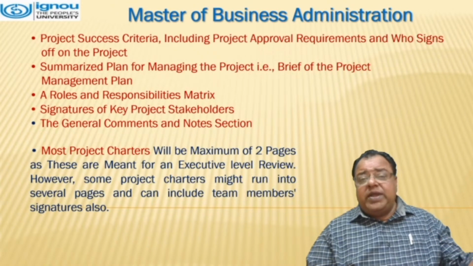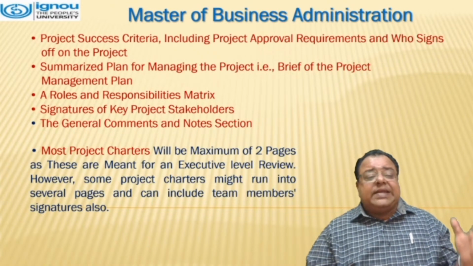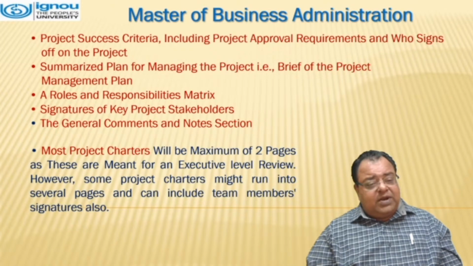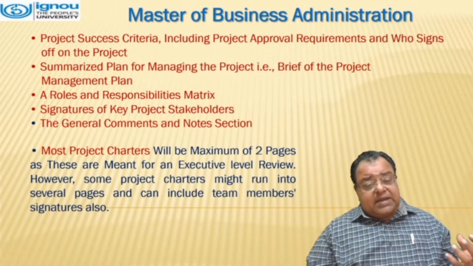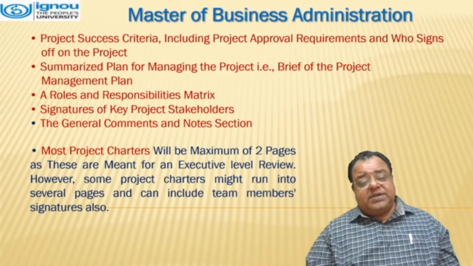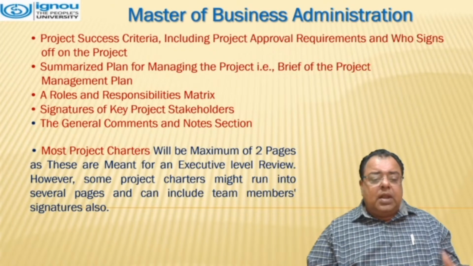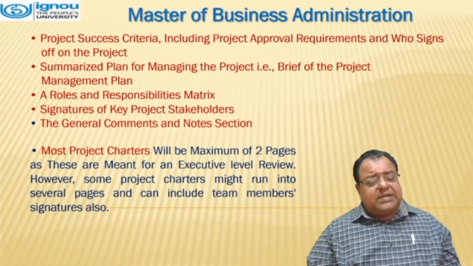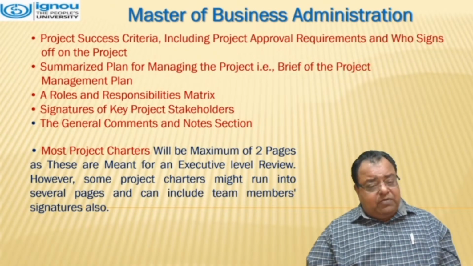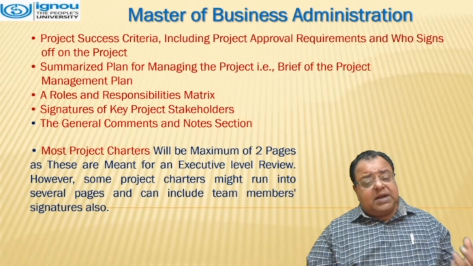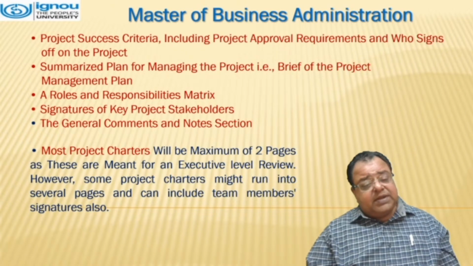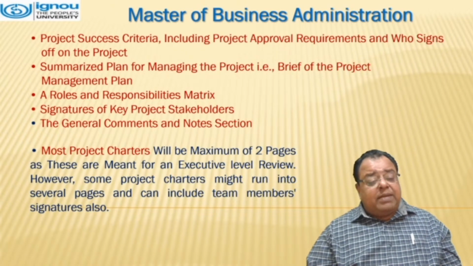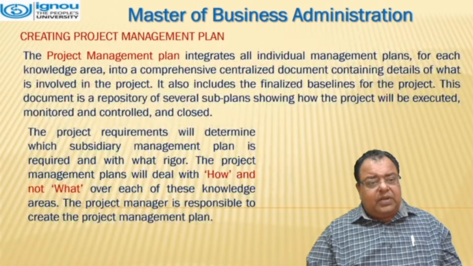Signatures of the key project stakeholders and a general comments and notes section. Most project charters will be a maximum of 2 pages as these are meant for executive-level review. However, some project charters might run into several pages and can include team members' signatures also.